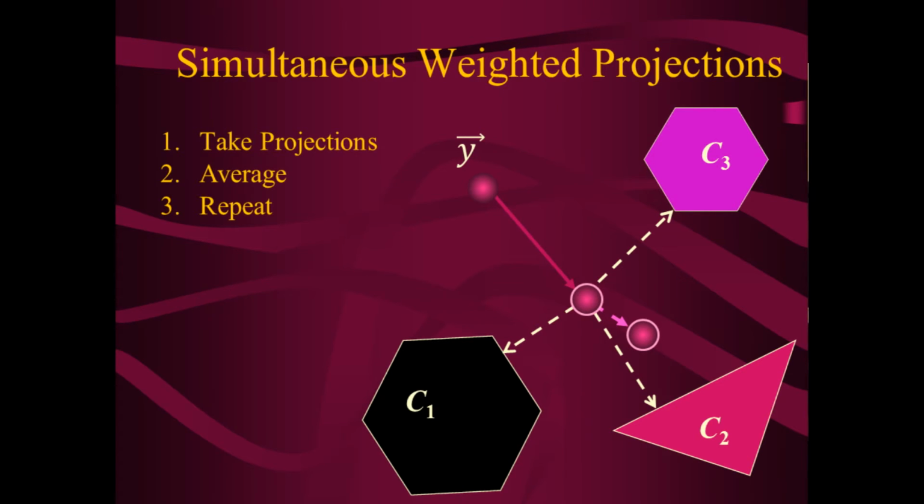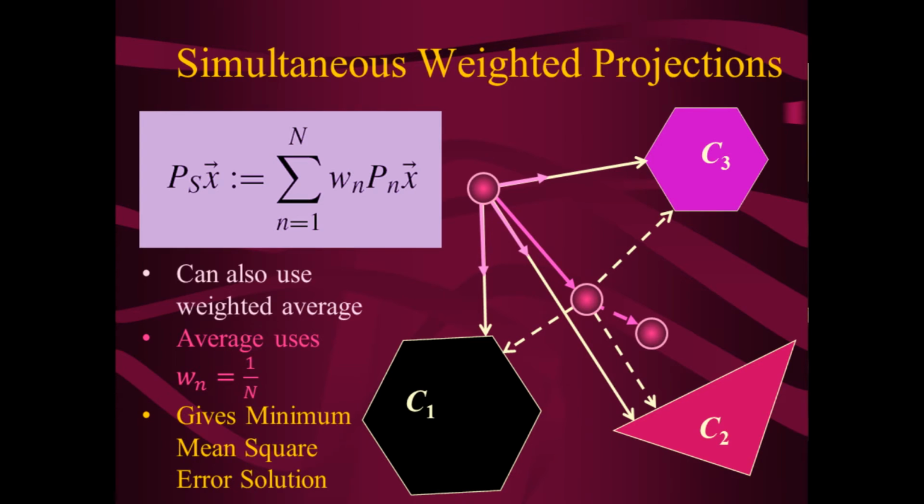If we repeat that using simultaneous weighted projections, it turns out that we generate the minimum mean square error solution or compromise to the convex set constraints. So simultaneous projections allow us to get a minimum mean square error solution to constraints which we can't meet simultaneously in the case where the convex sets don't intersect.